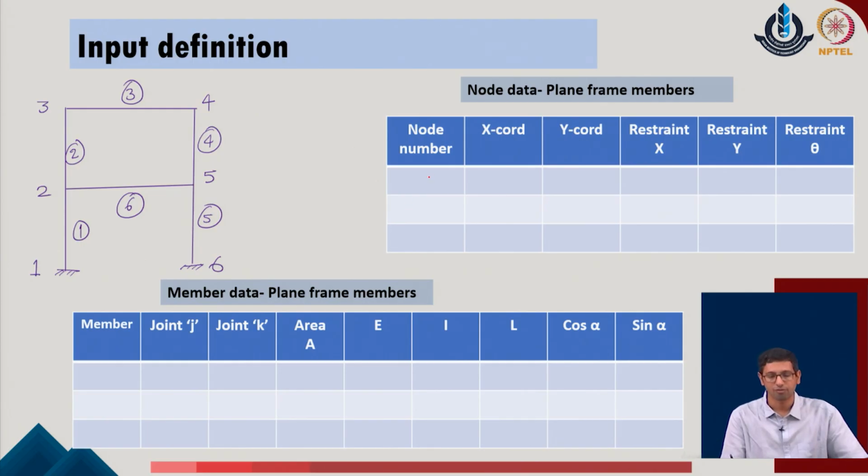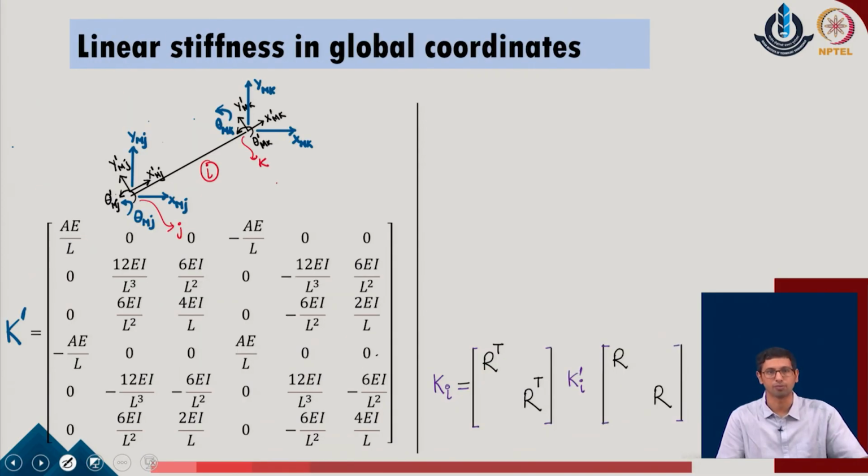Based upon that, for each of the node numbers we will identify its x and y coordinates, whether the node is restrained or not, and also we will identify for each member its two end joints j and k, the member area as well as the elastic properties, the second moment of area, the length as well as the orientation related properties of the given system. So, once we identify all these input parameters of the given system, we are now in a position to identify the stiffness of the given problem.